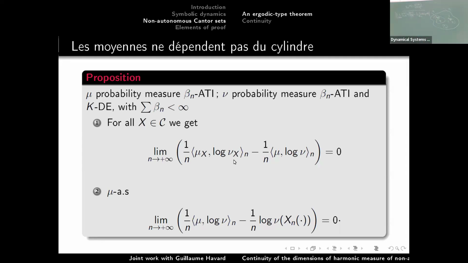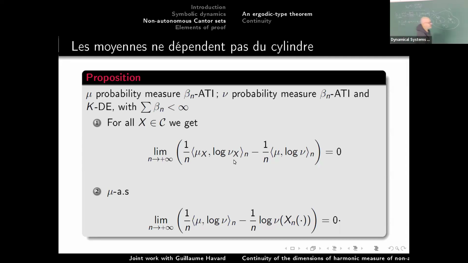That's the first thing, and then the second thing is that this same quantity here, 1 over n, the entropy of the nth state, minus 1 over n times log of nu of x_n of x, goes to 0.